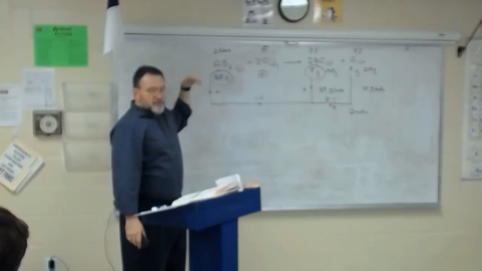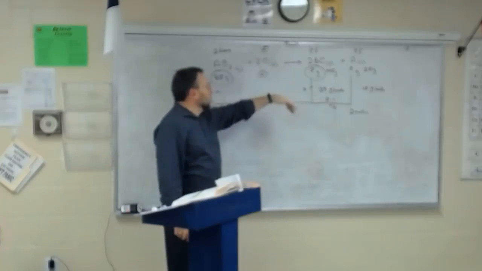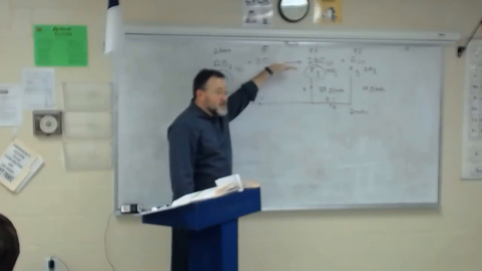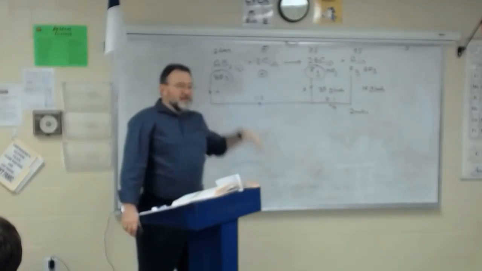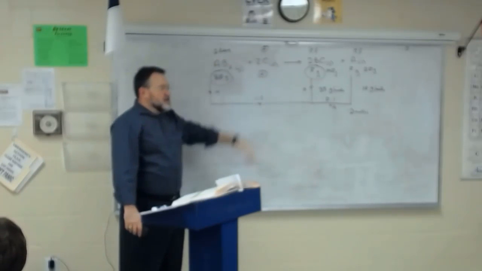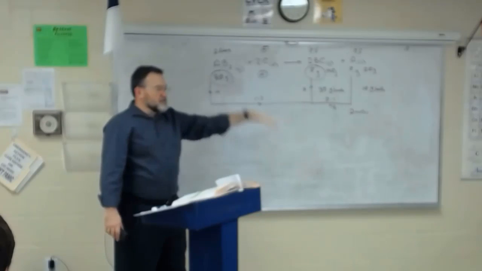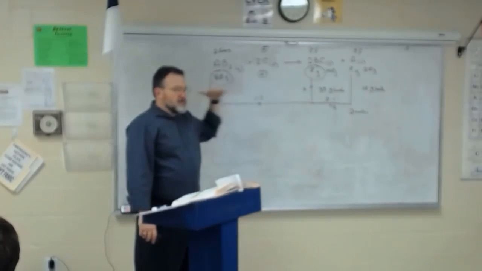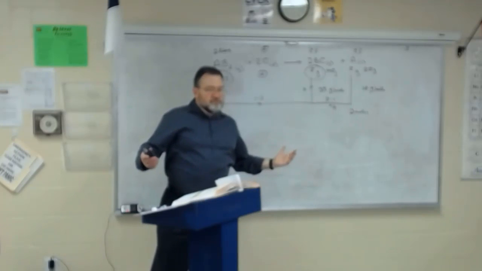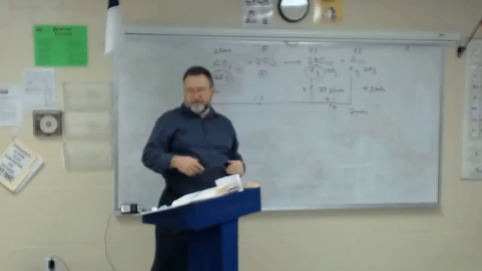I use generic makeup elements A, B, and C. That's why I wanted you to know this is not carbon. This is element C, element A, element B, element C, element D, so on. But this exact same process, given a mass, solve for mass, given moles, solve for mass, given mass, solve for moles, it's the same process.